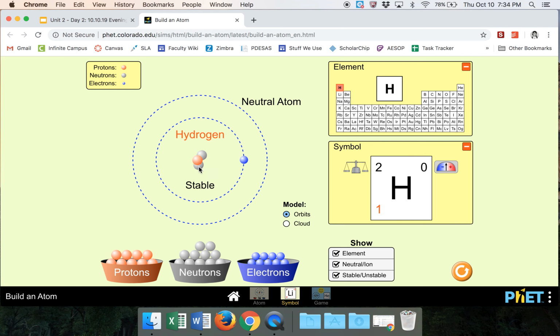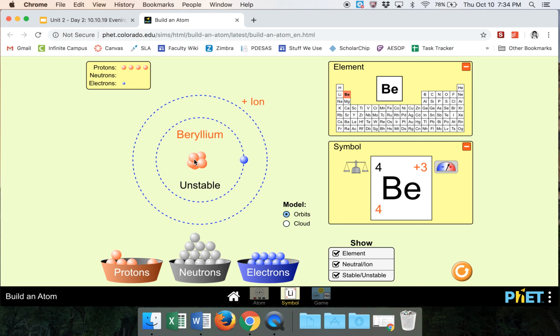So I'm going to reset all of these things so that we can just look at our protons. I have one proton, and I have hydrogen. Okay, I'm going to add another proton. When I've changed that, I now have helium. When I've changed it again, every time I add a proton, I get a different element.